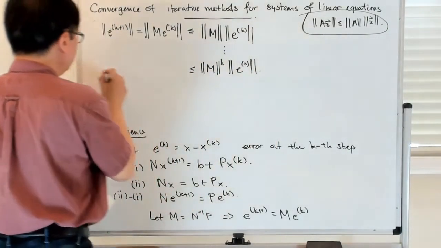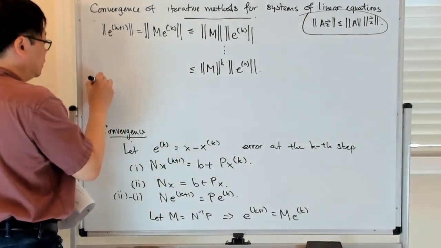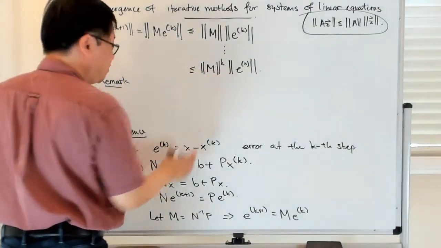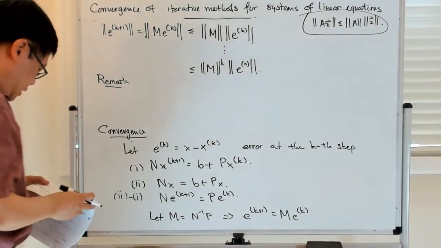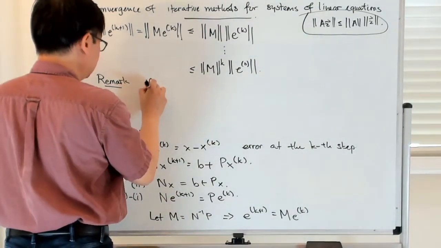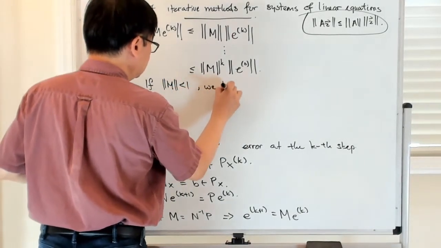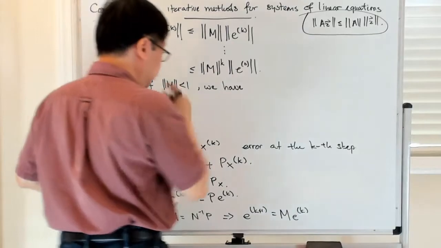So we know that if the matrix norm of M is less than 1, then we have convergence. Linear convergence.